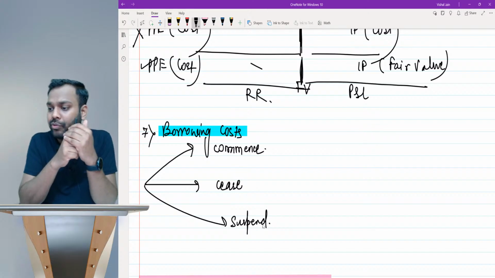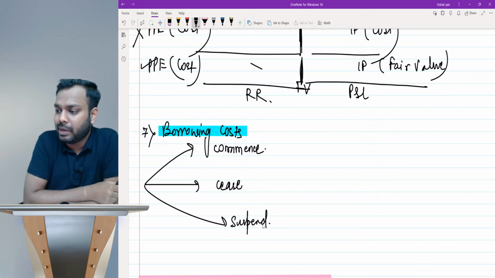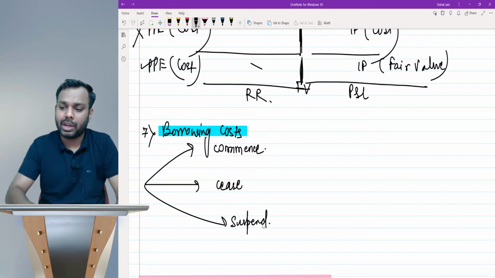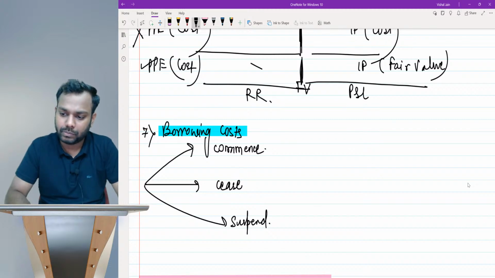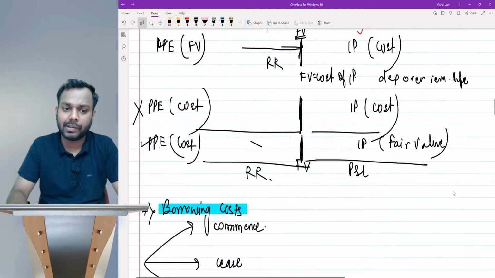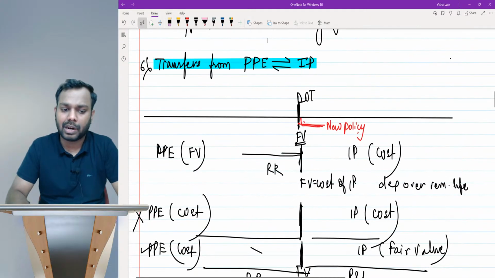We now have a query, sir. In the first case, will RR be transferred to RE over the period? Which case are you talking about? Are you talking about the transfer case?